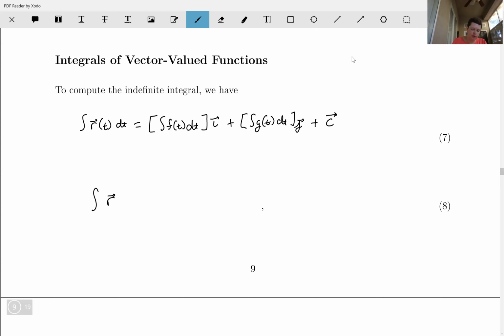And similarly, if we have a function in 3 dimensions, then again, we just integrate the components just like we did.